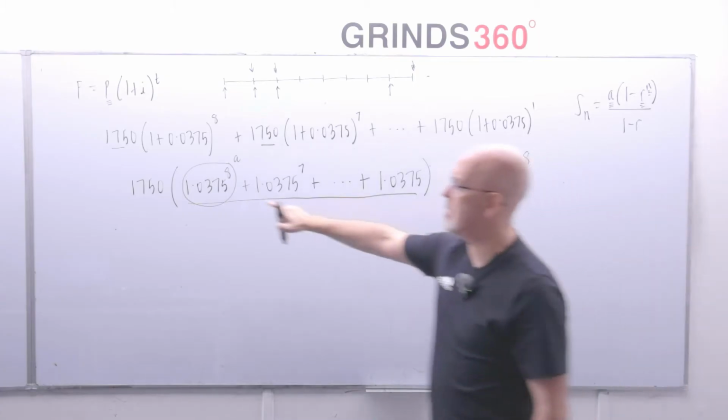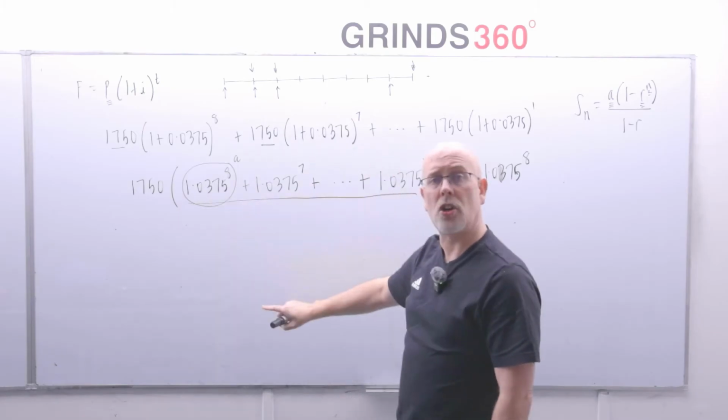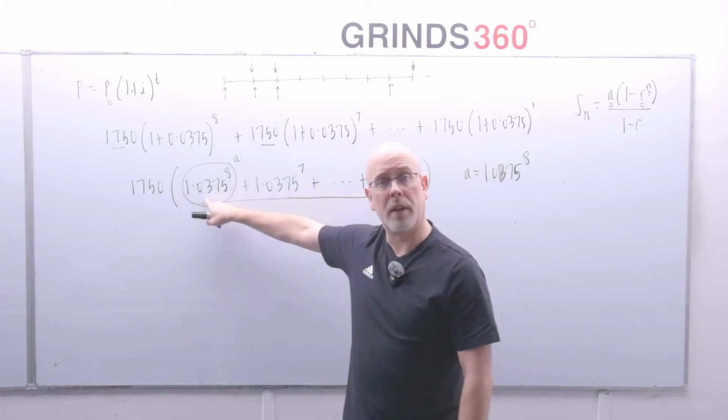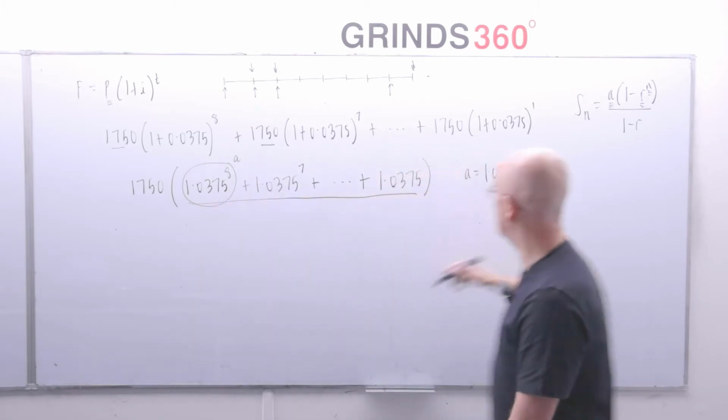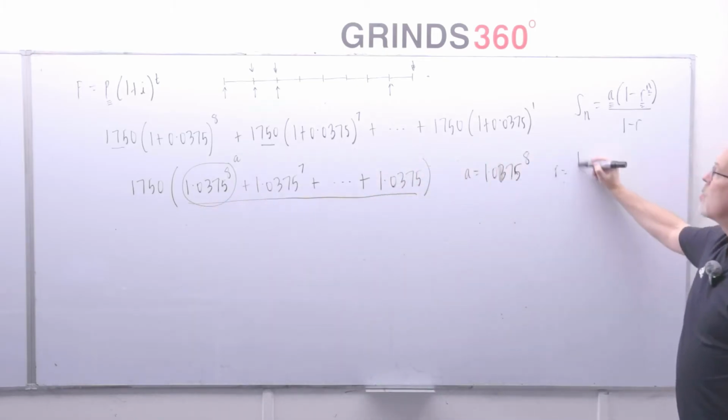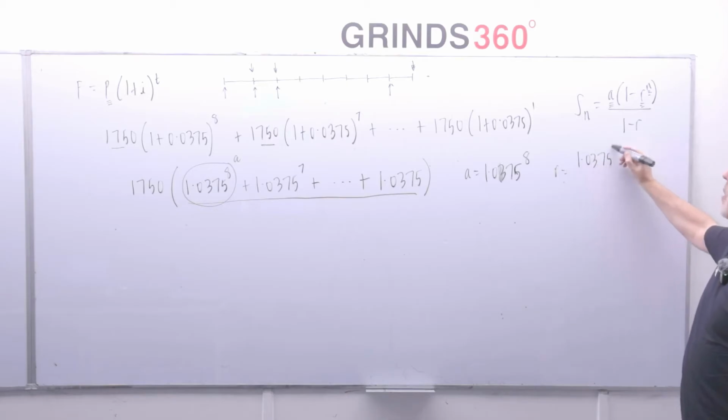It's the first term inside the bracket. And to find r, divide this guy by that one. So take any number and divide by the one before it, right? So if I divide those numbers across, r then is 1.0375 to the power of 7 over 1.0375 to the power of 8.